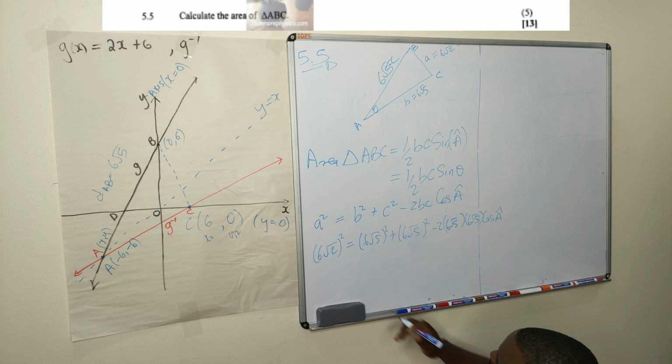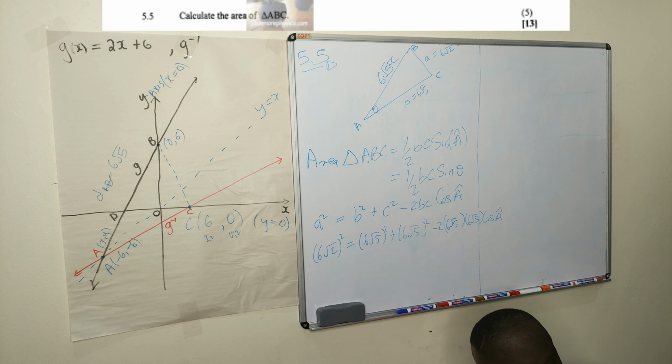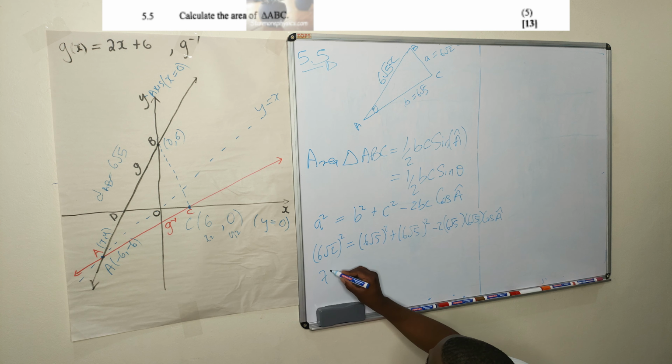So punch this in a calculator. 6 root 2 all squared is equal to 72.